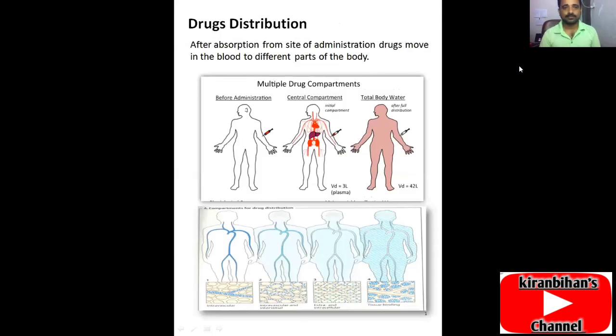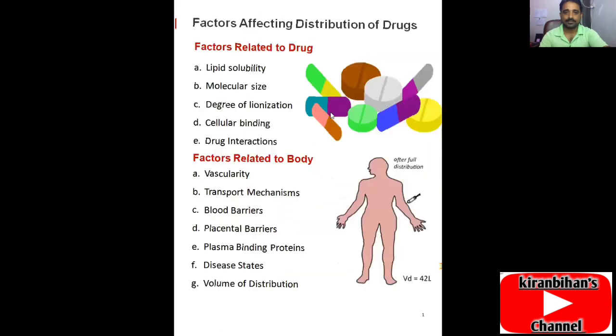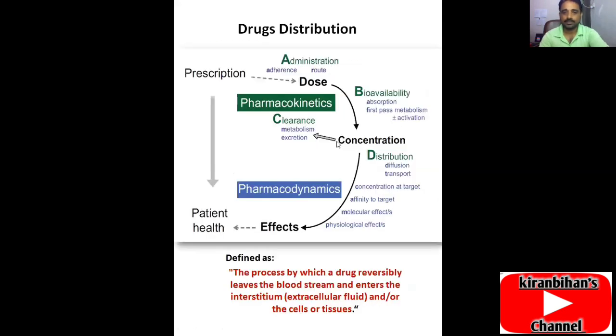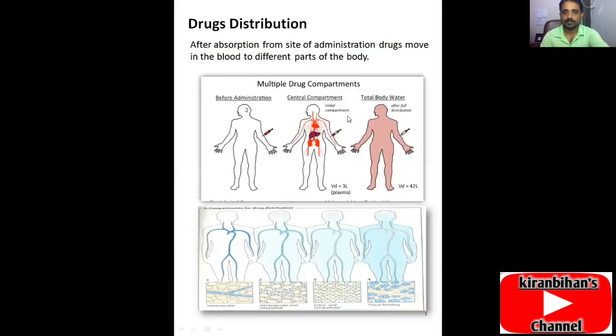Drug distribution. After absorption from the site of administration, drugs move in the blood to different parts of the body. Like in this figure, before administration of the drug and after administration. If we give the drug through the IV route, the drug enters into the bloodstream.